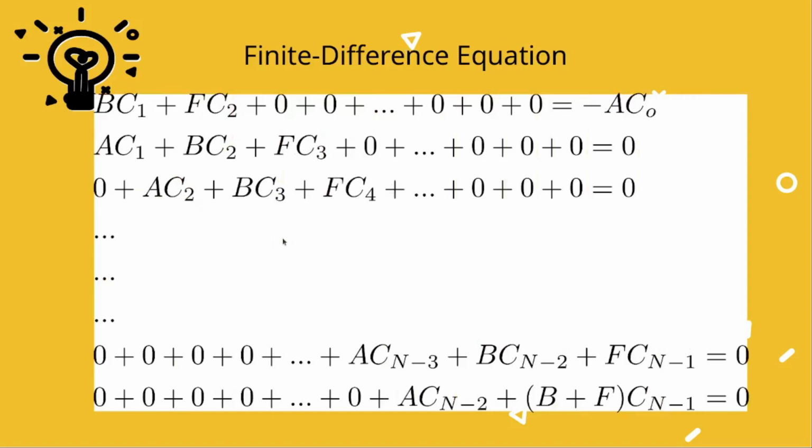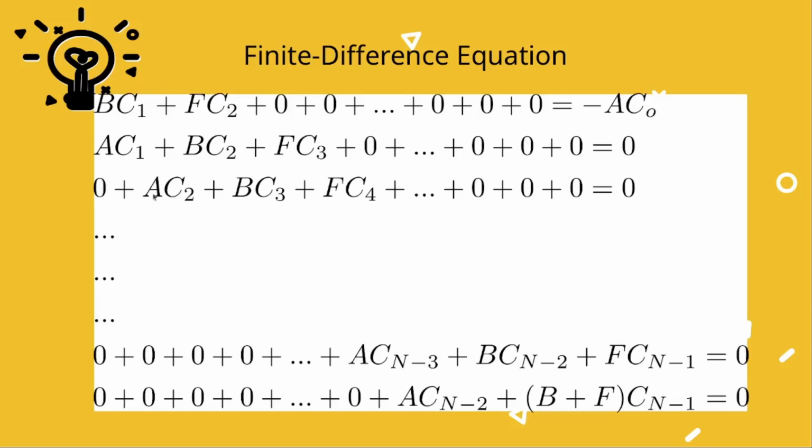Now, if I write this as a system of equations, for the first term it is b C1, f C2. I don't have C3, C4, C5. I don't have values for any of the other nodes, so all that gets to 0, and I get minus a C0. When I go to node 2, I get a C1, b C2, f C3. Then none of the other nodes are involved, so they're all zeros. That is equal to 0.